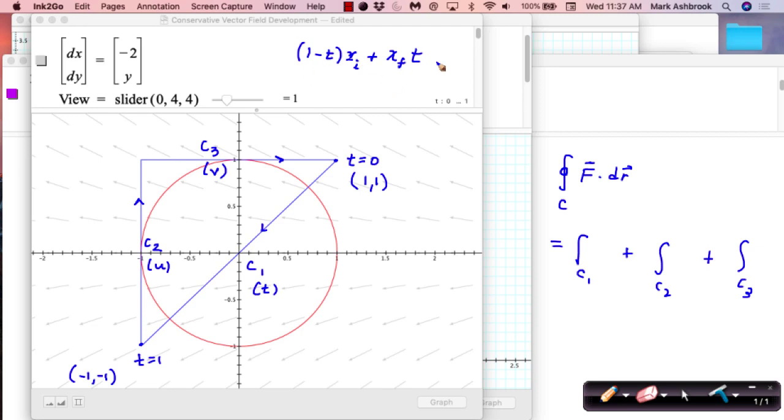But this is a linear function, so for all the t values between 0 and 1, you generate all the points in between. This is a nice technique, because for a line segment, there's an infinite number of ways you could parameterize that. You could make x(t) and do y as a function of t, but I think this is nice because then your t always goes from 0 to 1.